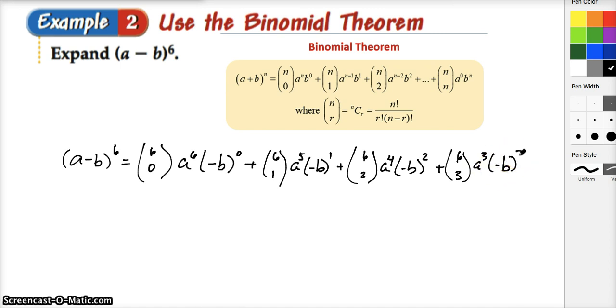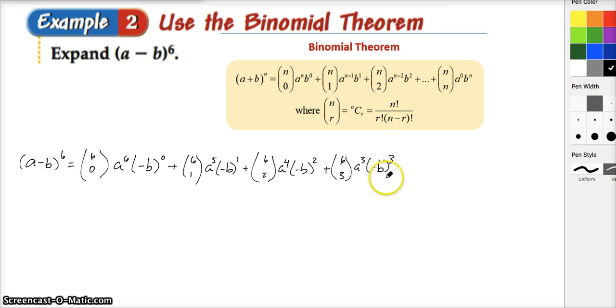Plus 6 choose 4, a to the 2nd, negative b to the 4th. As a's power decreases, negative b's power increases. 6 choose 5, a to the 1st, negative b to the 5th.